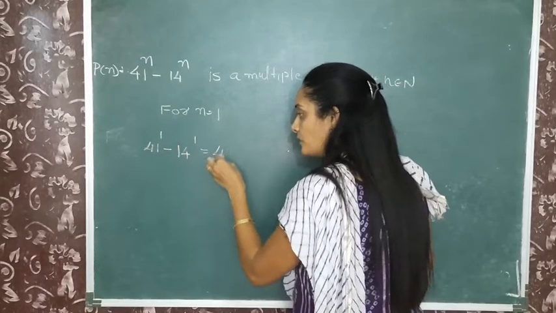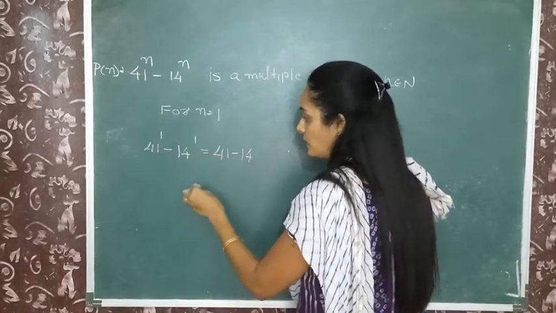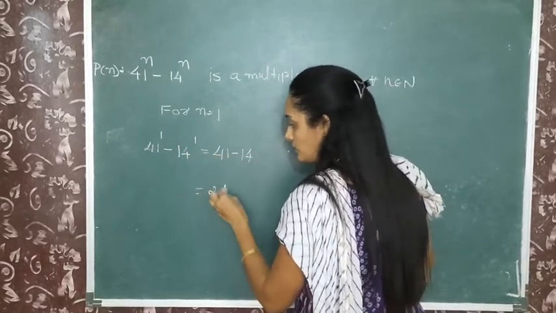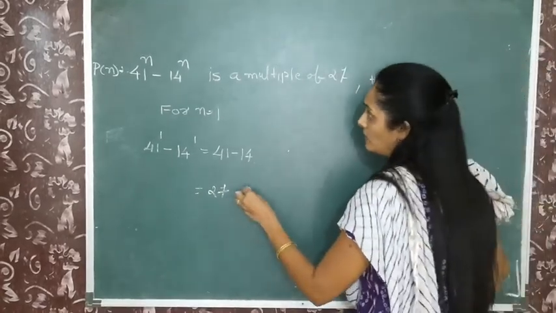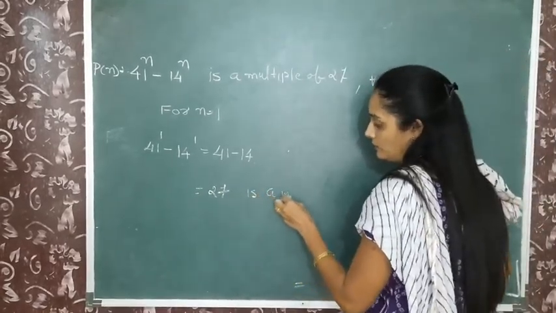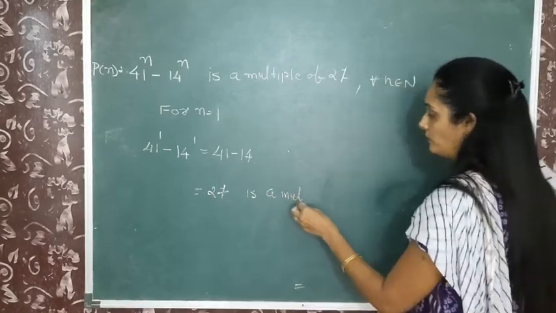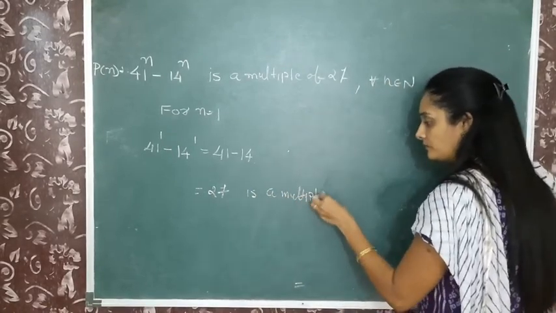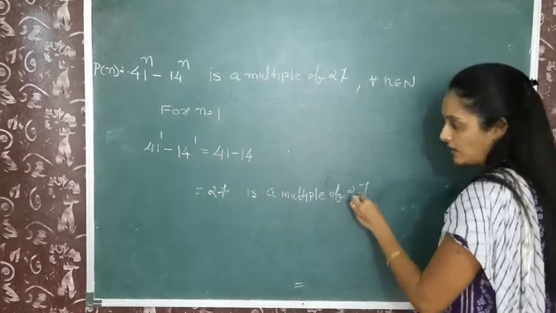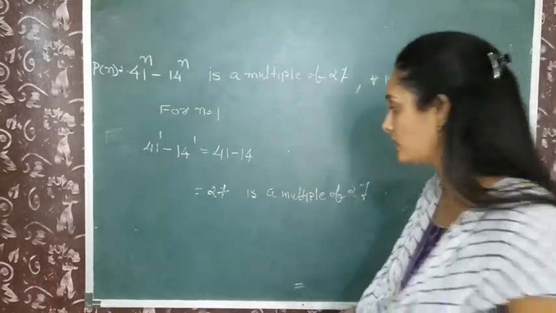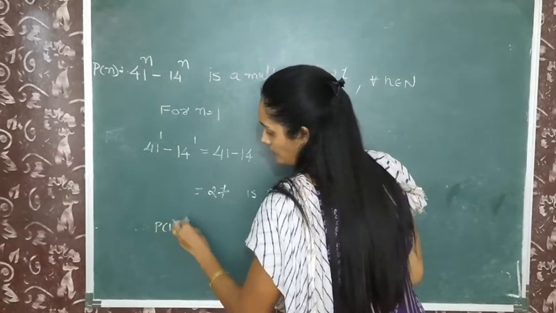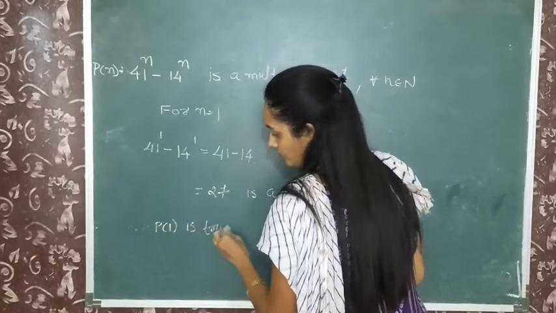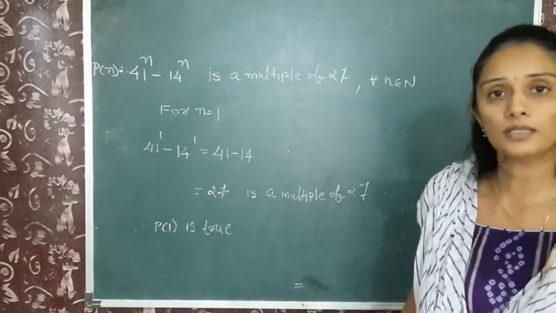So 41 minus 14, so here 27, and 27 is a multiple of 27. Okay, so we can say P of 1 is true. P of 1 is true.